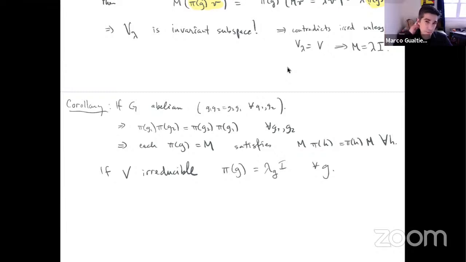It acts by a scalar. All of the group elements act by scalar.